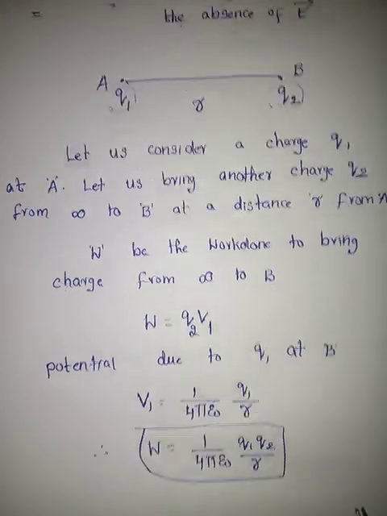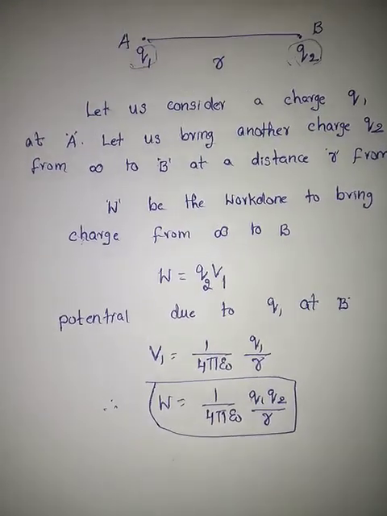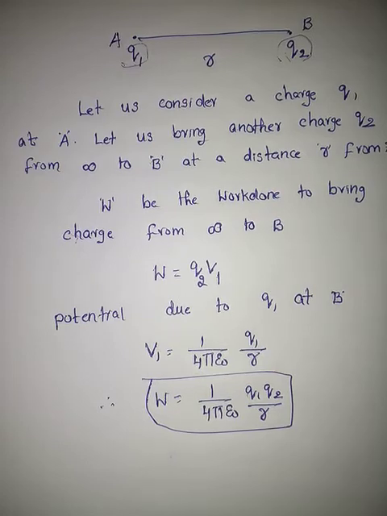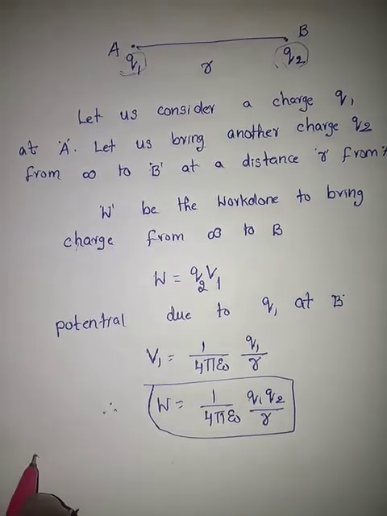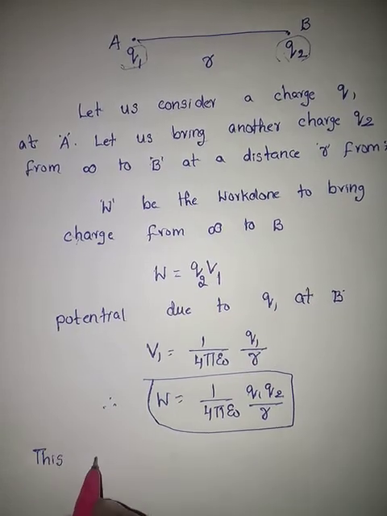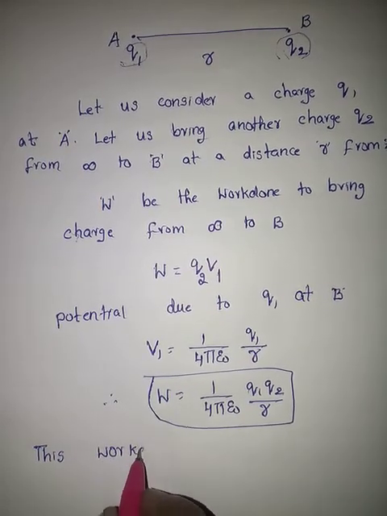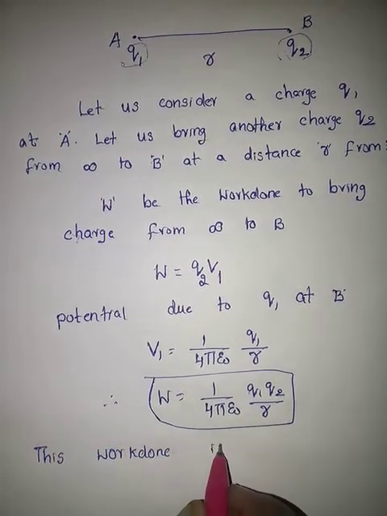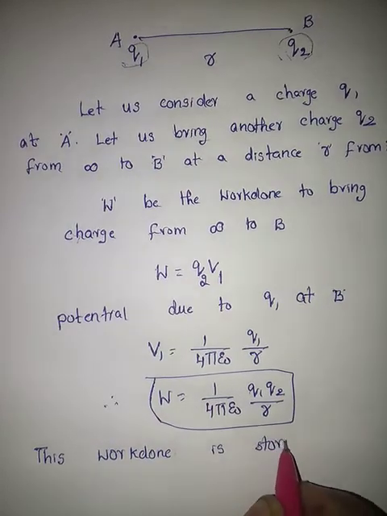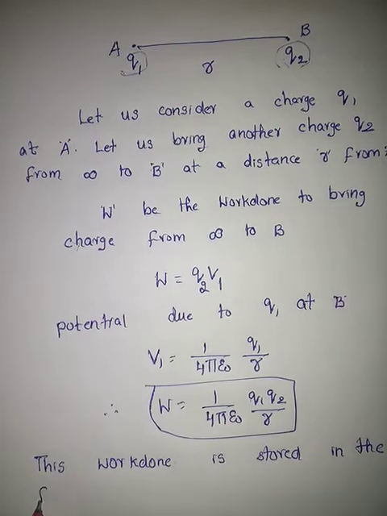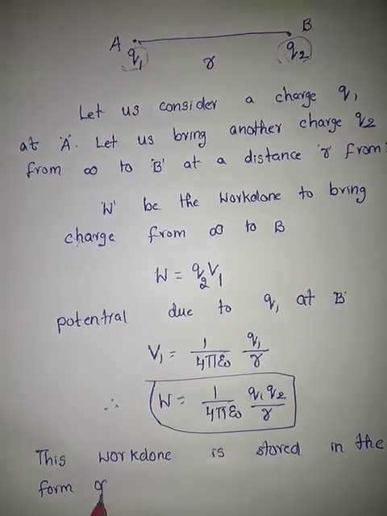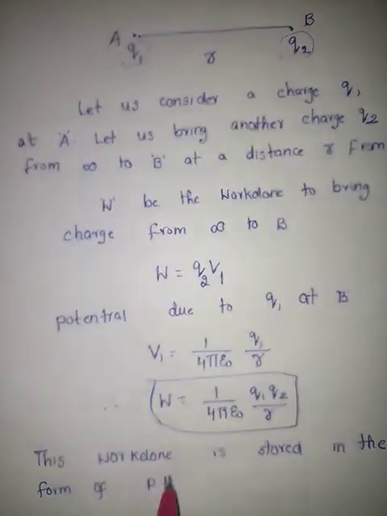Now, as we know, whatever work we do against the electric field is stored in the form of what? Potential energy. So we can write that this work done is stored in the form of potential energy.